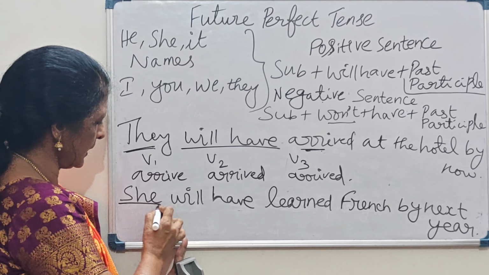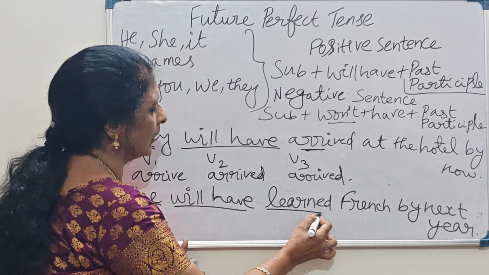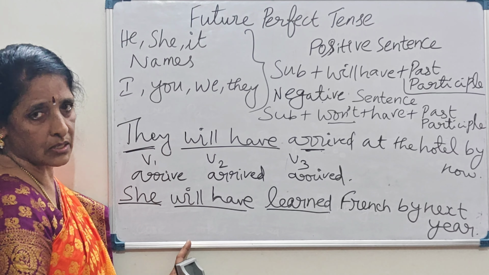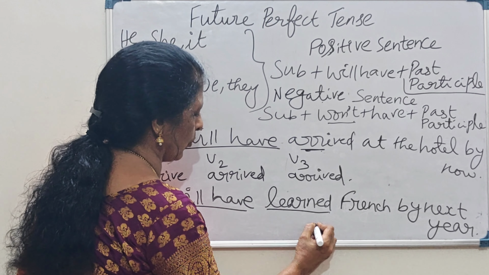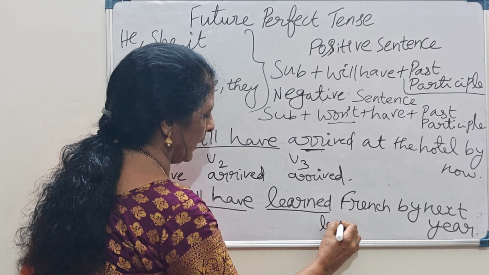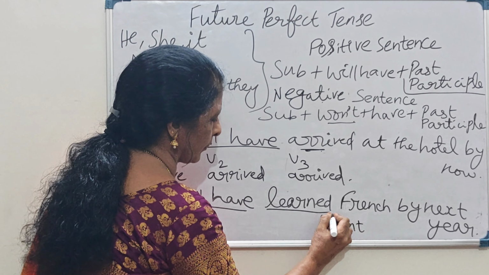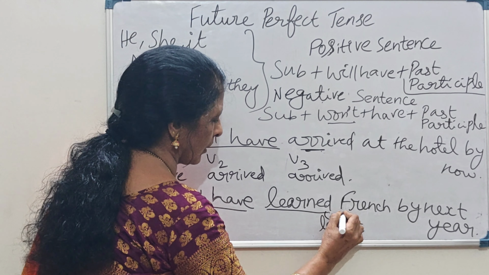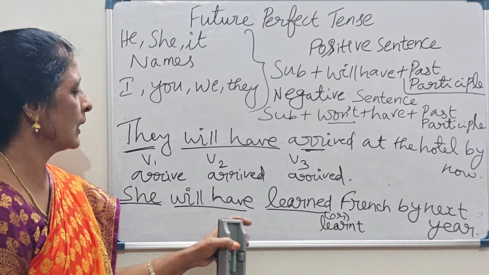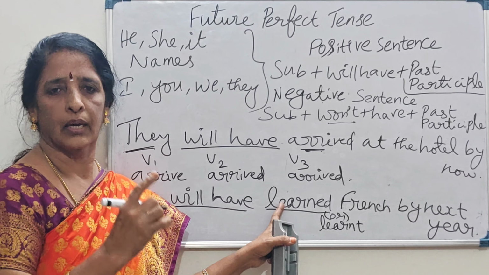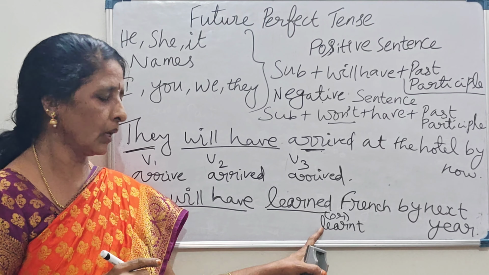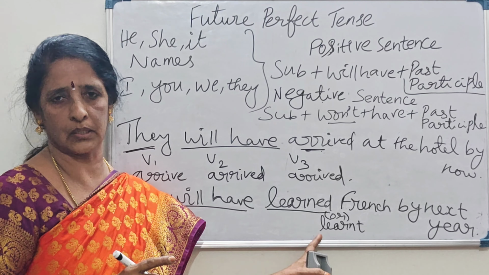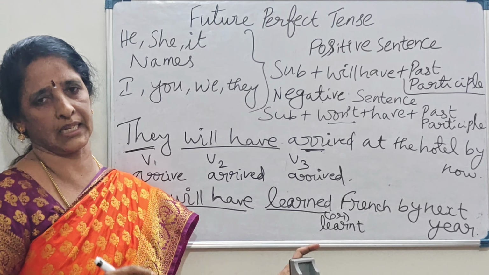Next, she will have learned. Here we can write learned also or learnt also. Learned is more common in American English, while learnt is more common in British English.